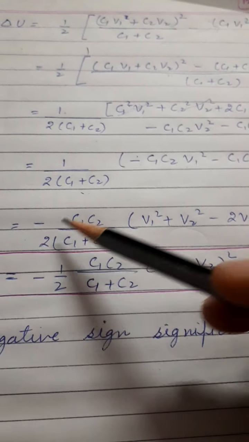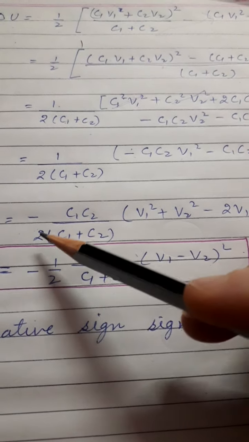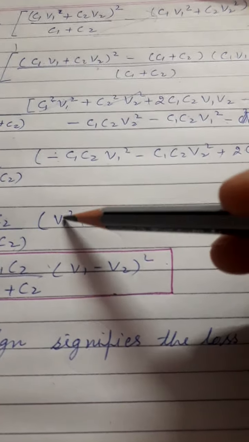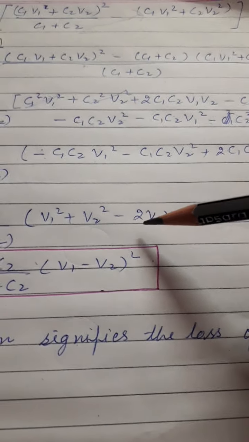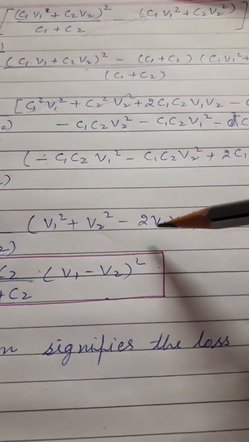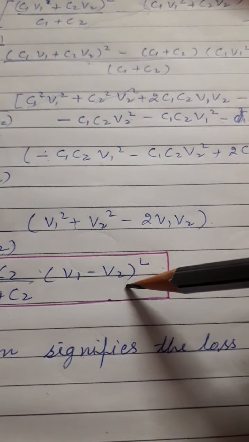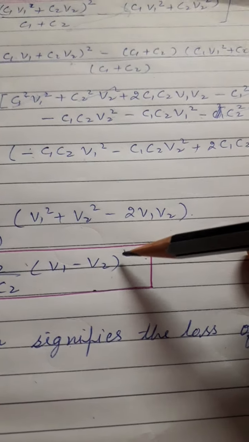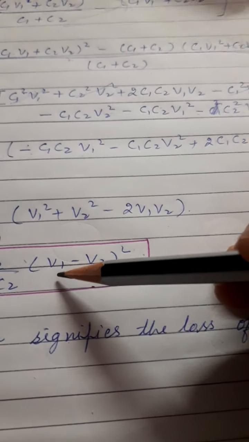So delta U is equal to minus C1 C2 upon twice C1 plus C2, and inside the bracket it is V1 square plus V2 square minus twice V1 V2. This clearly shows the formula for V1 minus V2 or V2 minus V1 whole square. As we are getting the square term, we can write either V1 minus V2 or V2 minus V1.